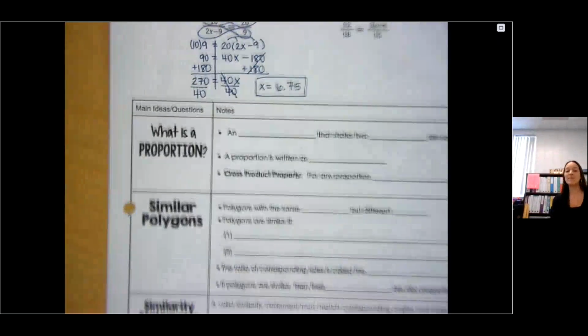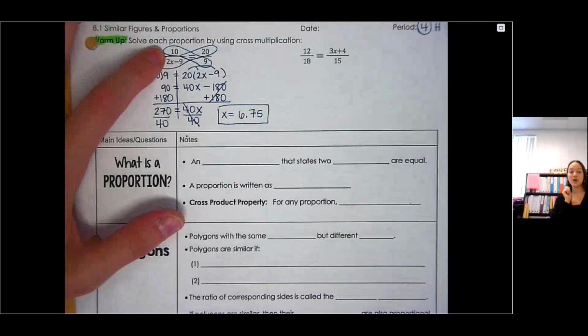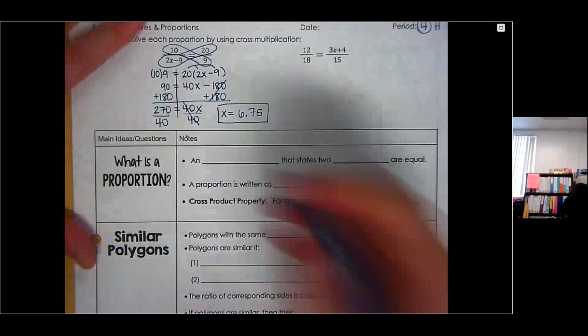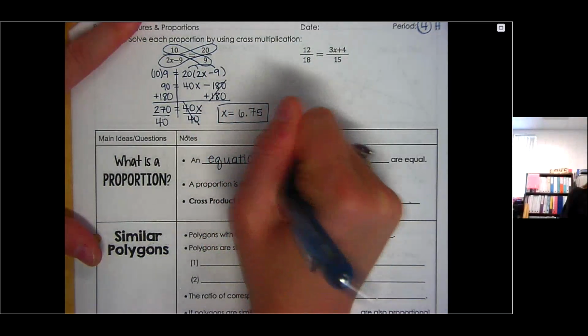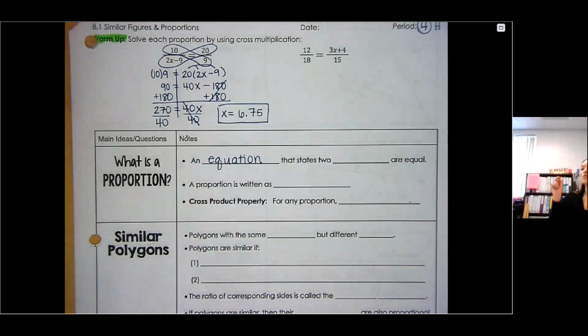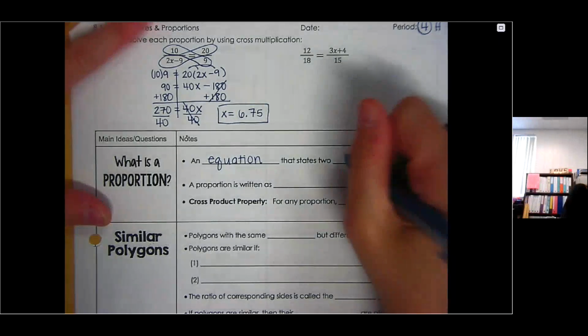So let's just start at the top with a proportion. Like I said, we just did two proportions right up here for our warm up. A proportion is an equation that states that two ratios or two fractions are equal to each other.